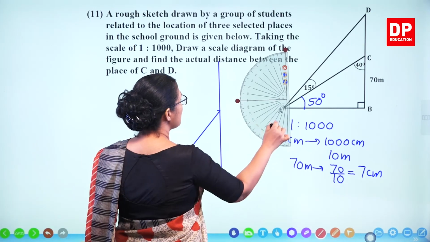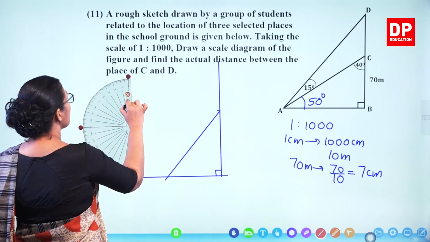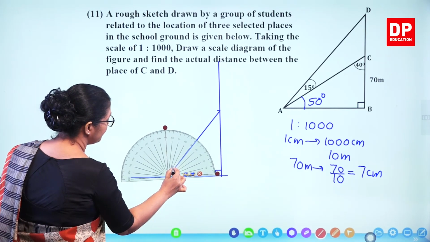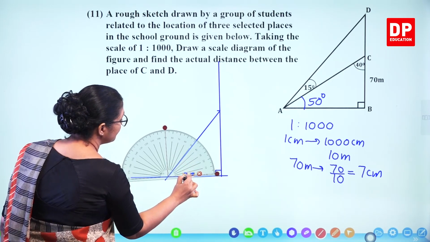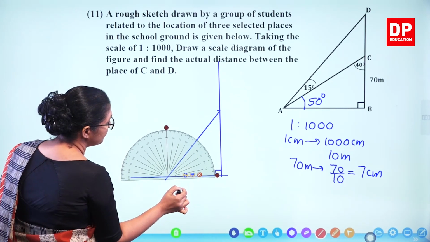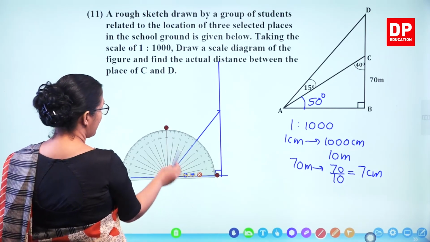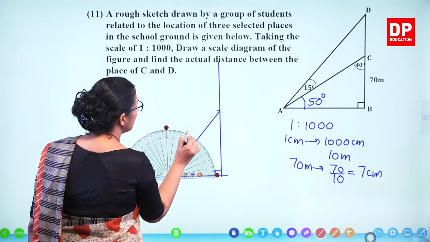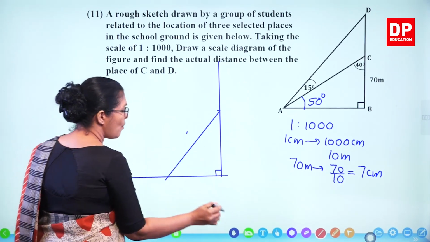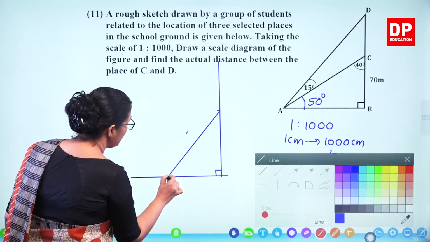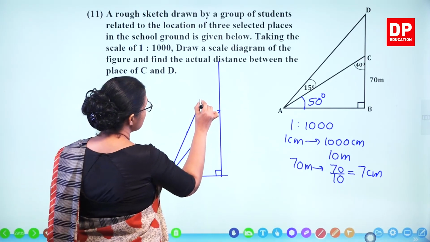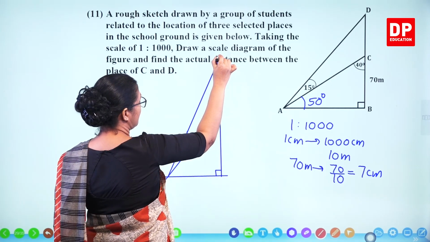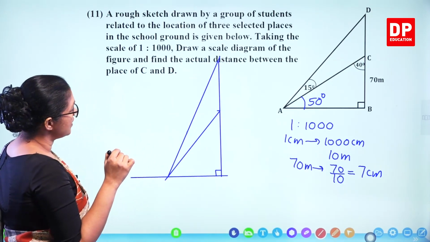Now to this point, you can measure 65 from here. So 10, 20, 30. So 65 is here. Now we can connect with the ruler this point and this line. So that's the point.